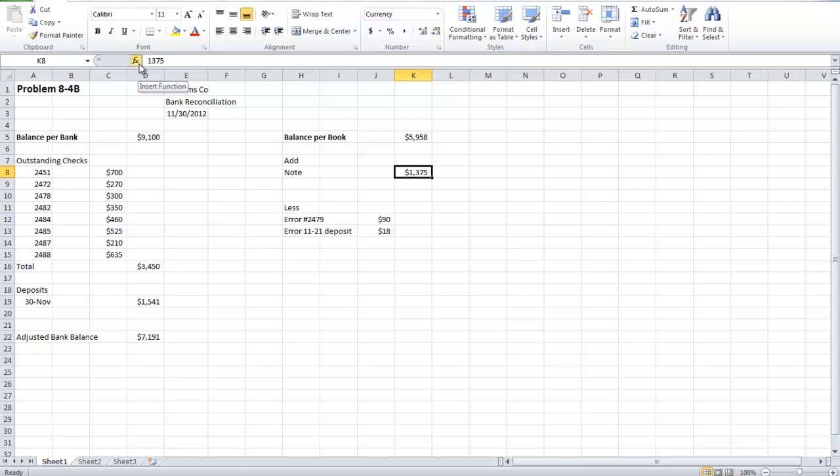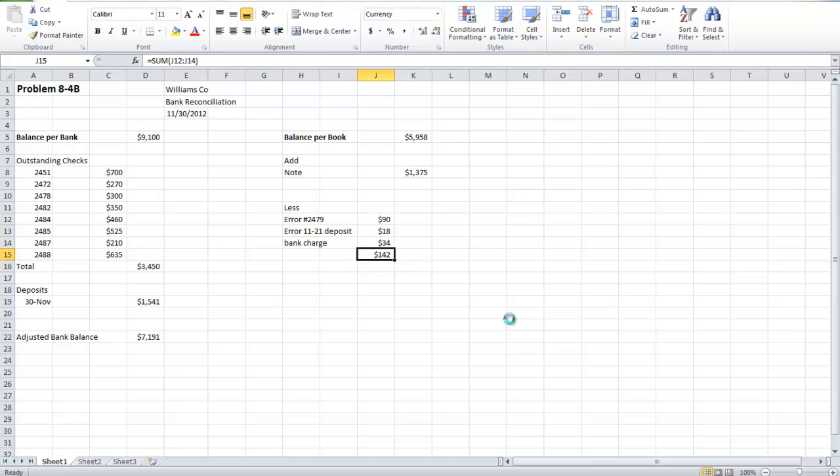Okay, so we want to add the note, and then we also have in number 2, it says a debit for printing of additional company checks. So this is a bank charge for printing, $34. Okay. So my total subtractions equal $142.